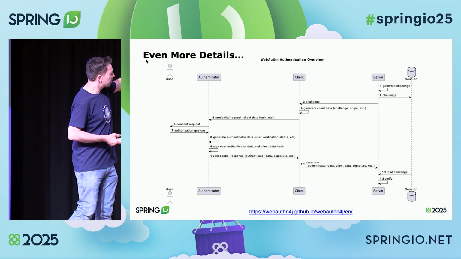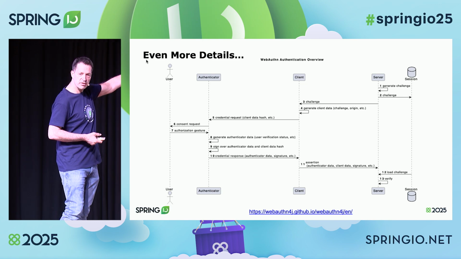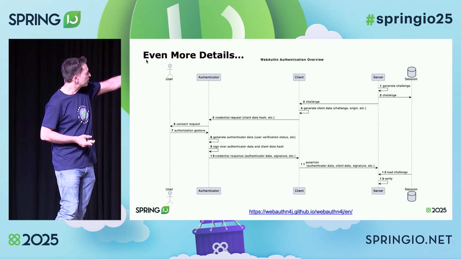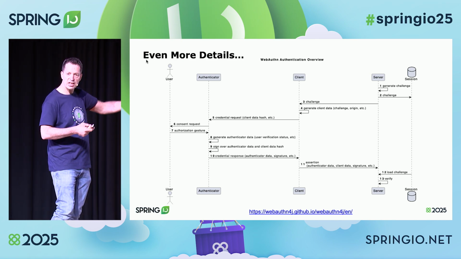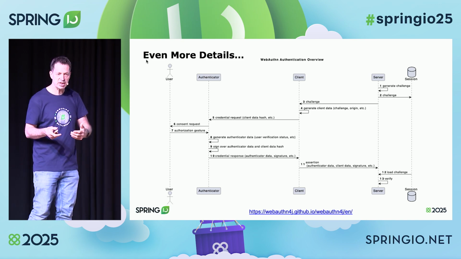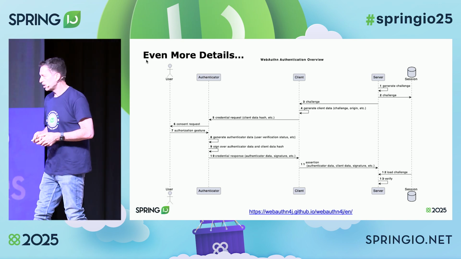The authenticator is a safe place that creates the private and public keys and stores the private key. The client is the binding thing here, and the server then has to validate that the signing is correct with the public key. So that's basically what is happening here.